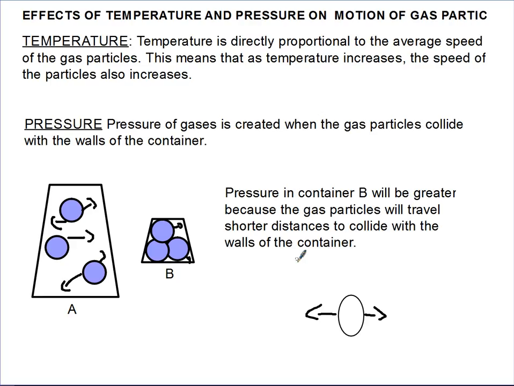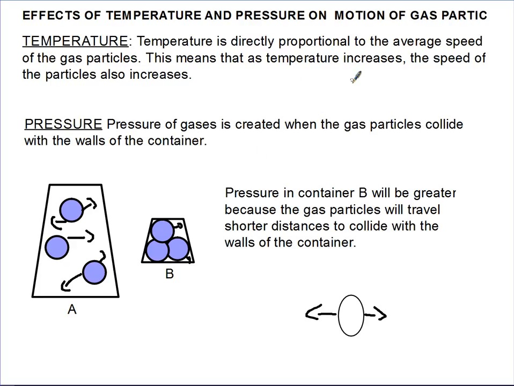If you want to increase pressure, we normally decrease the volume. If you want to reduce the pressure, you increase the volume. So pressure and volume are inversely proportional. When we say inversely proportional, it means that as pressure is increasing, volume has to decrease, and as volume is increasing, pressure has to decrease.